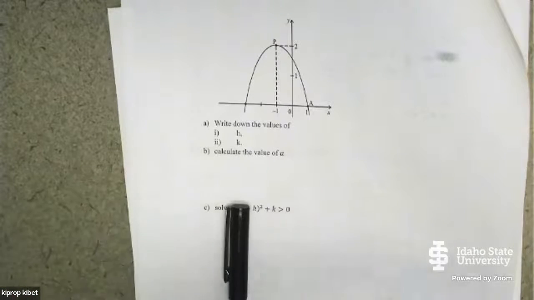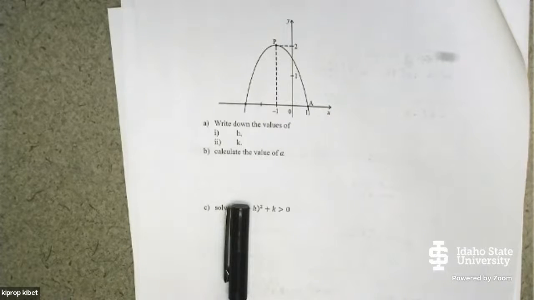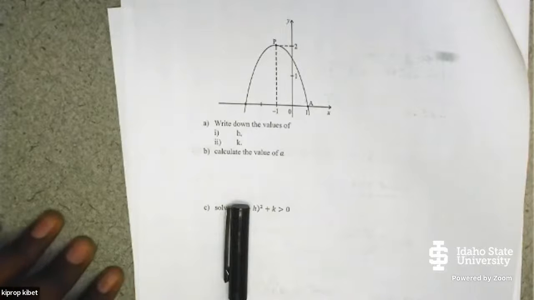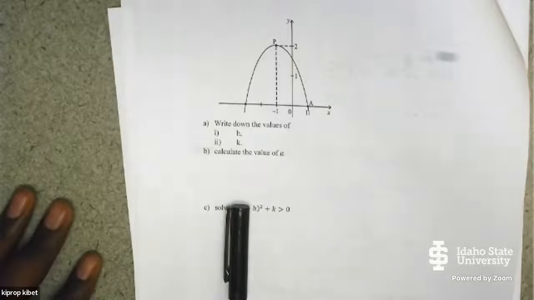For our h, we are moving horizontally, right? For our k, we are moving up and down. So if k is positive, then it is up. If k is negative, then it is down. If h is negative, then it is to the left. If h is positive, then it is to the right.